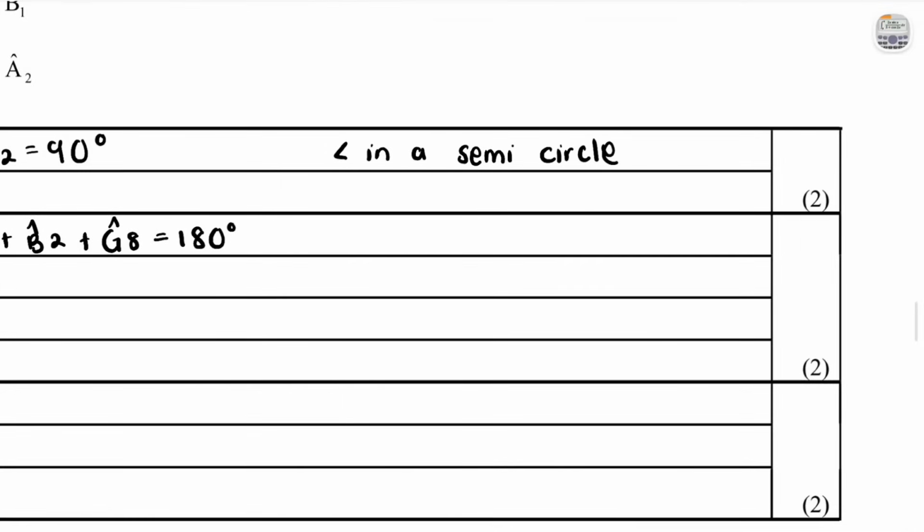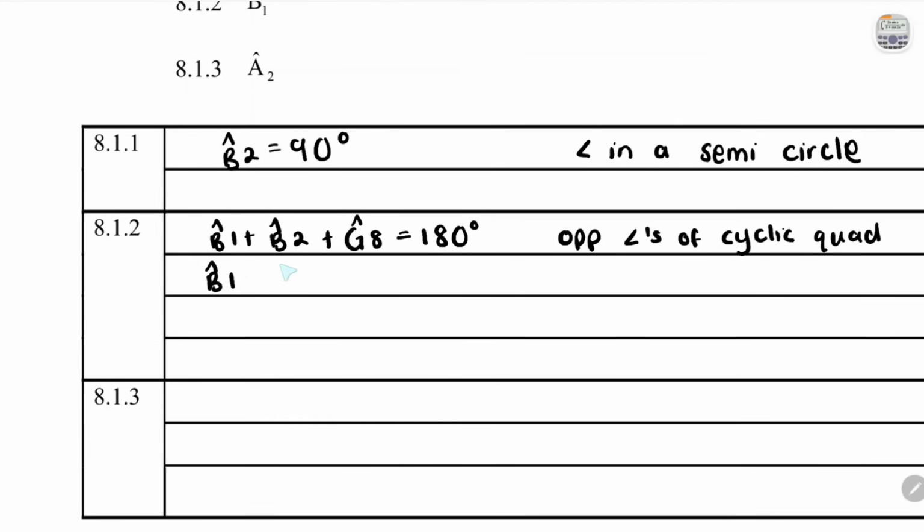And this is because the opposite angles in a cyclic quad add up to 180 degrees. We're trying to find angle B1. We know that angle B2 is 90 degrees and angle G, not G8, angle G is 58 degrees. So this is equal to 180 degrees.